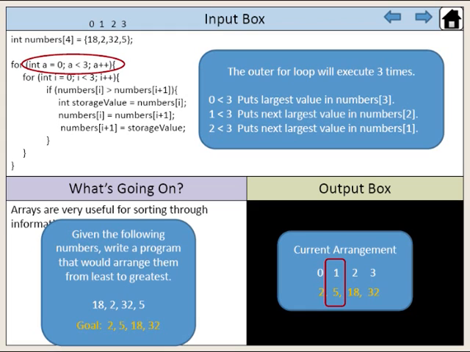The third time it executes, it puts the next largest value in the second element's position. By default, the smallest value is automatically placed in the first element's position.